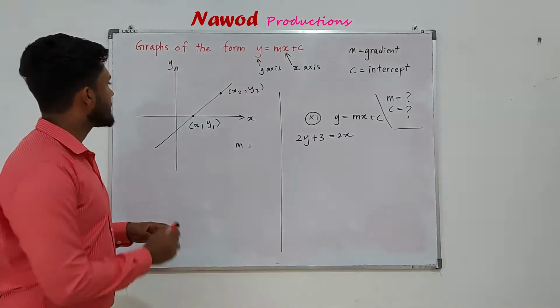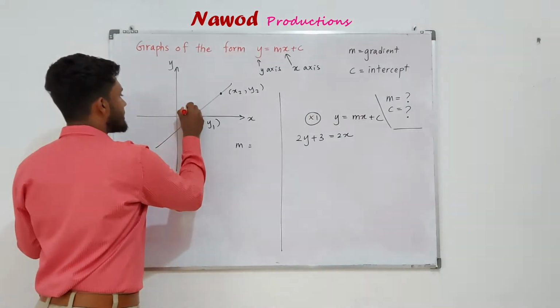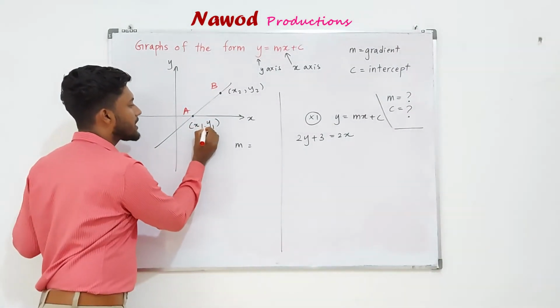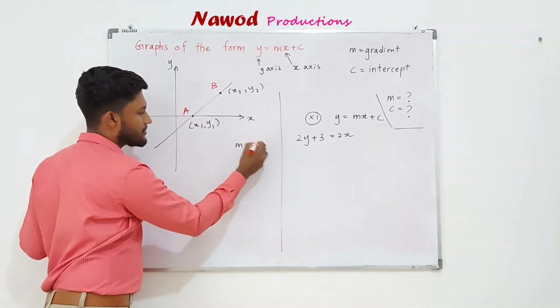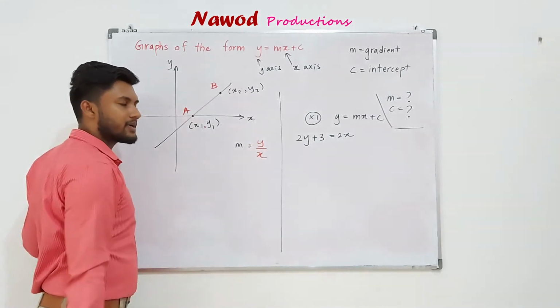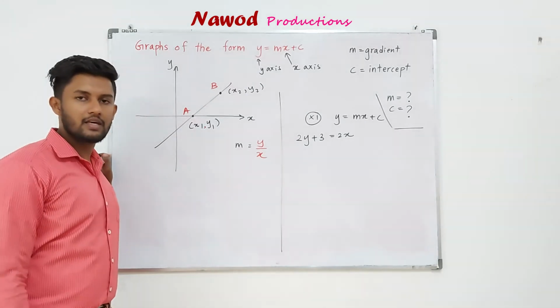Then here you have given a straight line, and the A point and the B point, they have given x1 y1 and x2 y2, like that. We can find m by getting the y difference and the x difference between two coordinates that they have given.